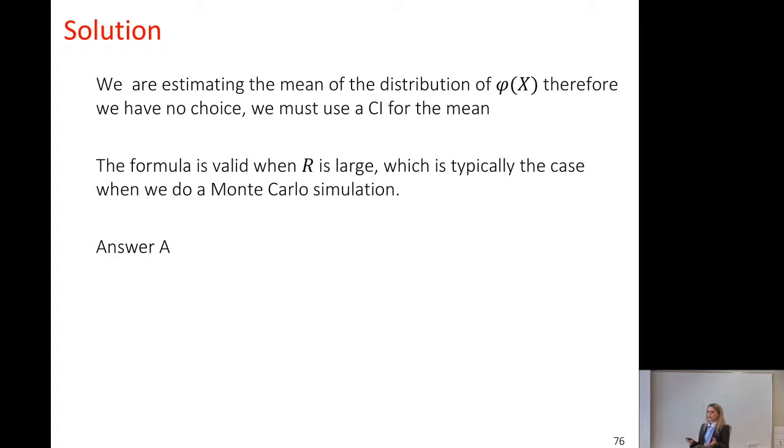We assume we don't have heavy tail distribution, but we want that R is large. Okay, so we should use the confidence interval for the mean, but we should have a large number of replicates. And this is what we do when we have Monte Carlo. We should use a large number of replicates to be also more certain about our estimate. Okay.